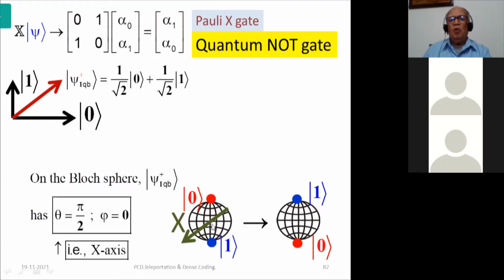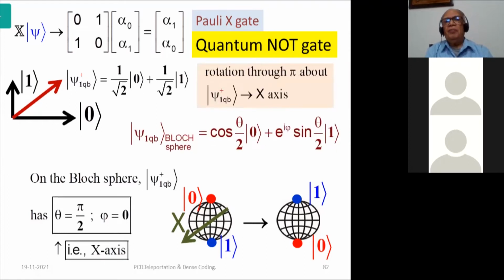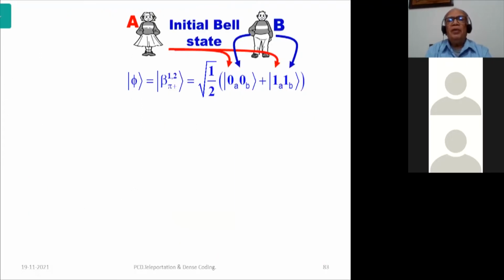One is on the North Pole and the other is on the South Pole along the same line. And that is what allows you to represent any arbitrary combination of 0 and 1 by a point on the Bloch sphere. And what the Pauli NOT gate does is to rotate the Bloch sphere about the x-axis. So this is what the Pauli NOT gate would do.